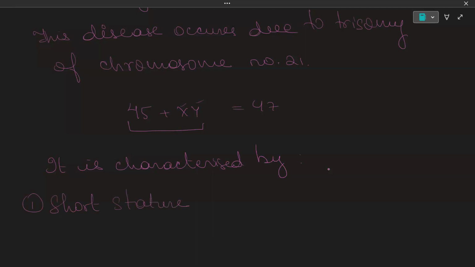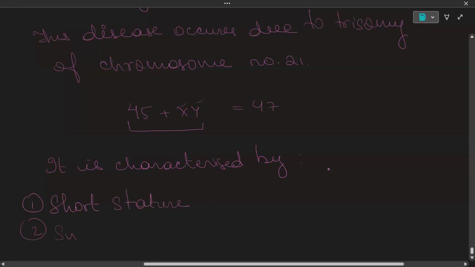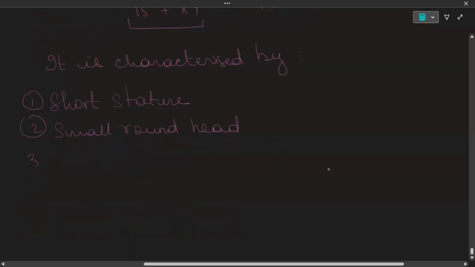Then small, round head. Furrowed tongue.